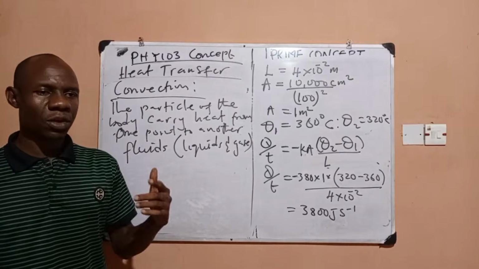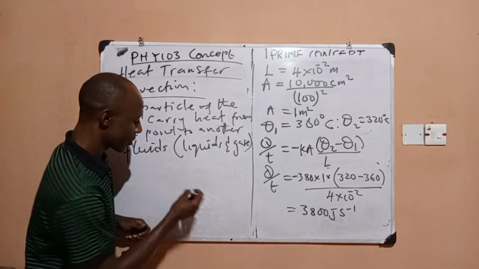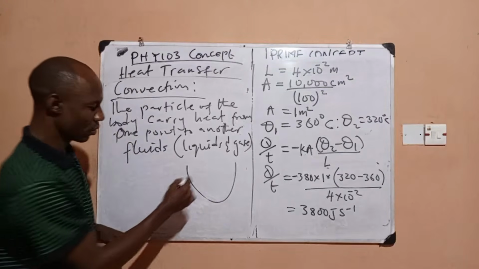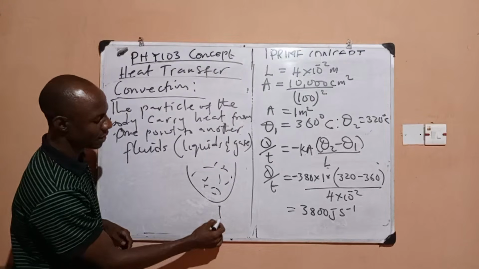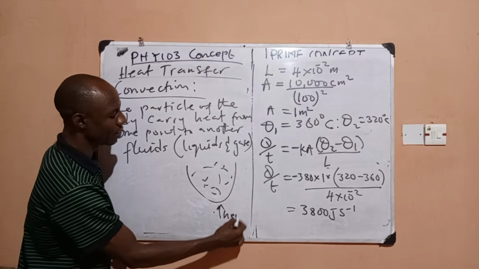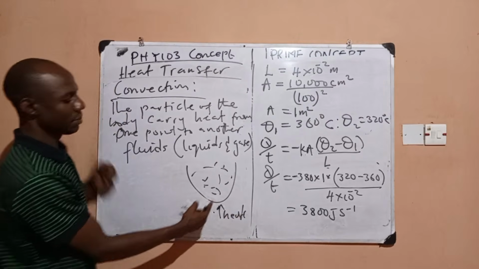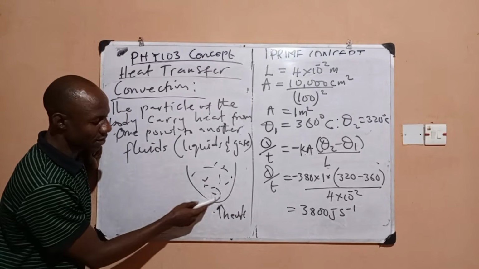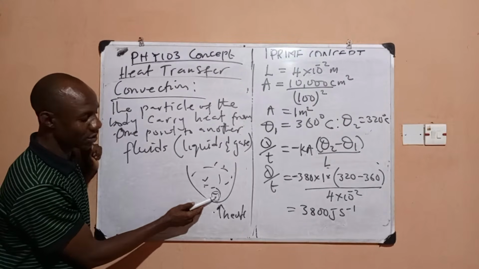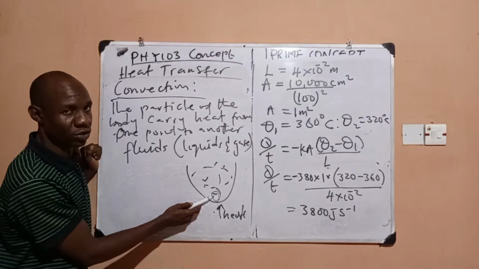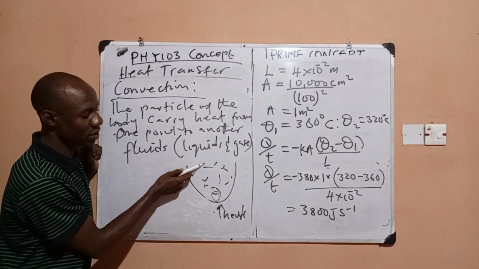If you have water in your kettle, which is made of so many particles of water, and this place is directly heated up, so heat is applied there, you will notice that the particles that are closer to where heat is will get hot faster than those that are above.